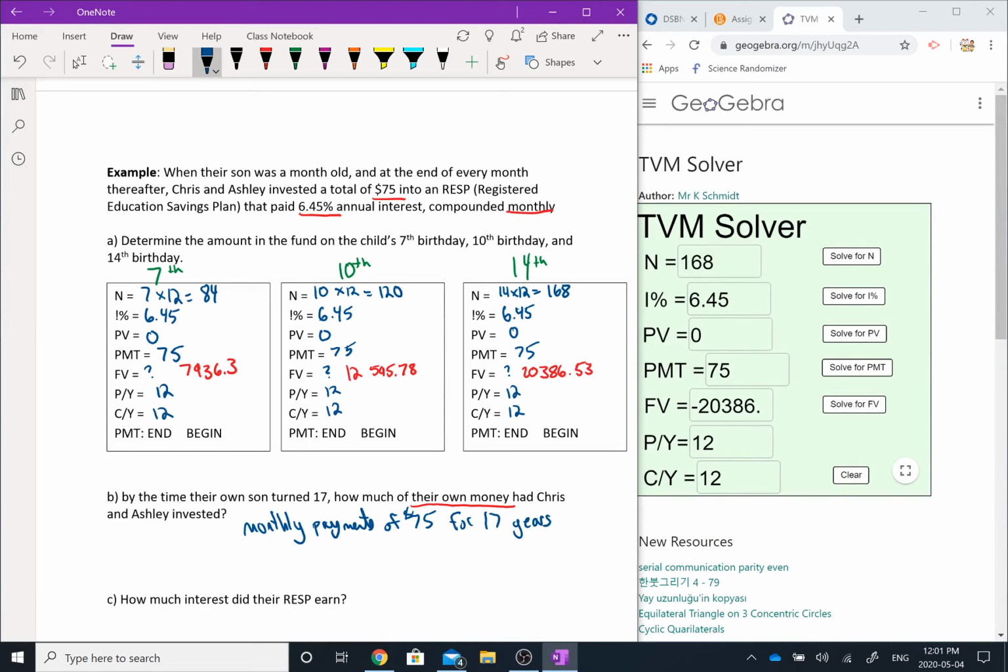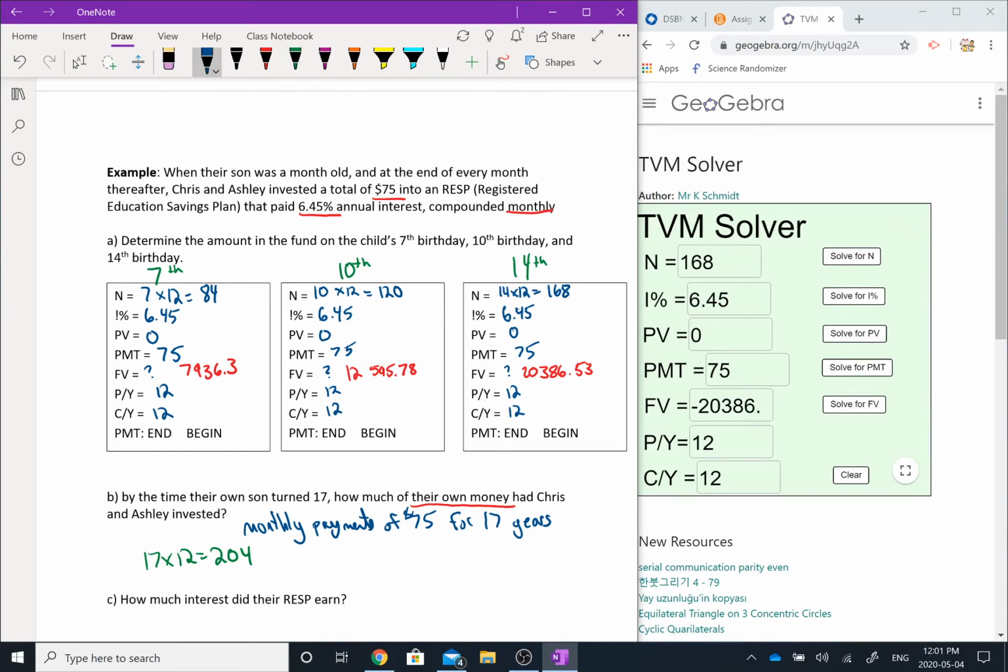So if they're doing monthly payments for 17 years of $75, that means that if there's 17 years, so 17 times 12, there's 204 payments.